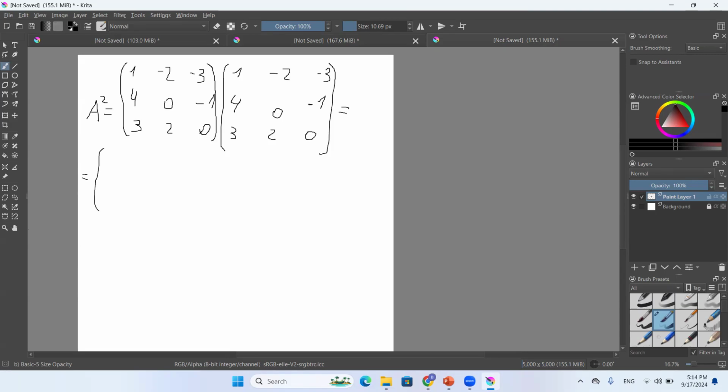Okay, so who can help me? Actually, all of you can take part. So for this cell, let's start with Stanislav. It will be 1 minus 8 minus 9. Yeah, 1 minus 8 minus 9. Let's write in details for now.